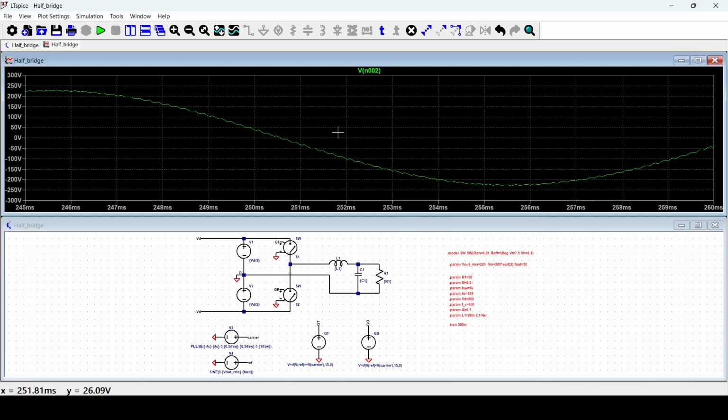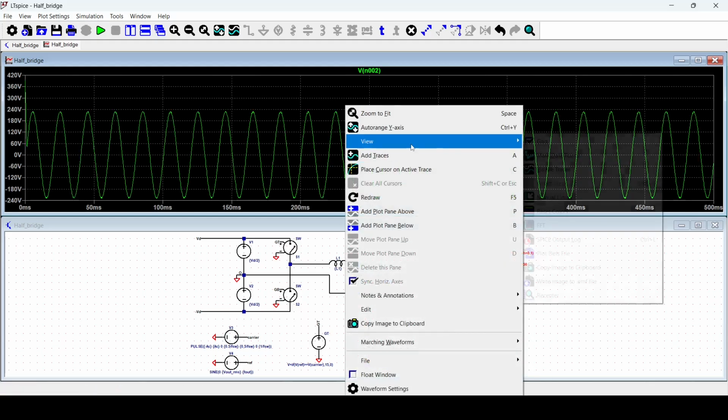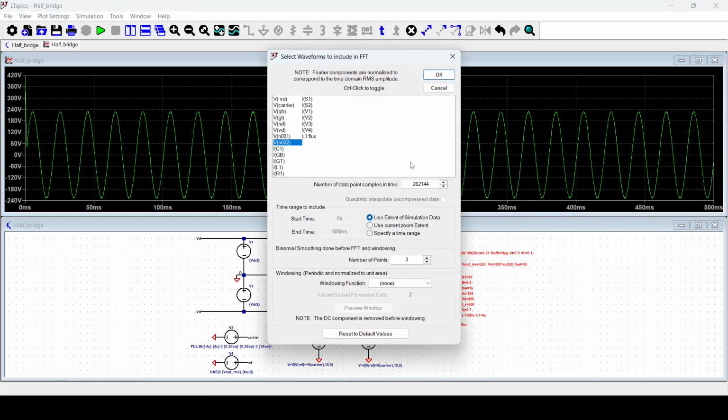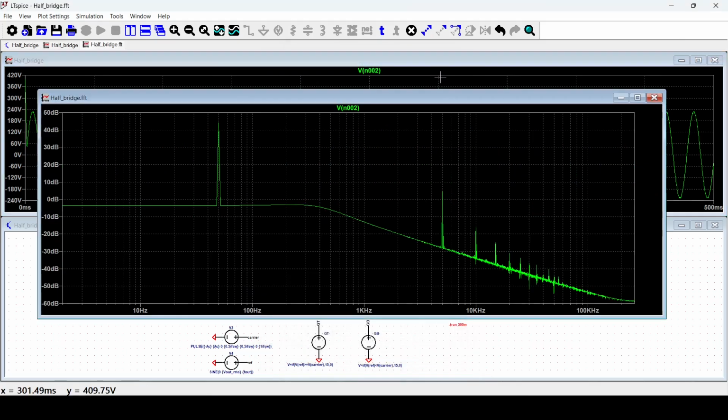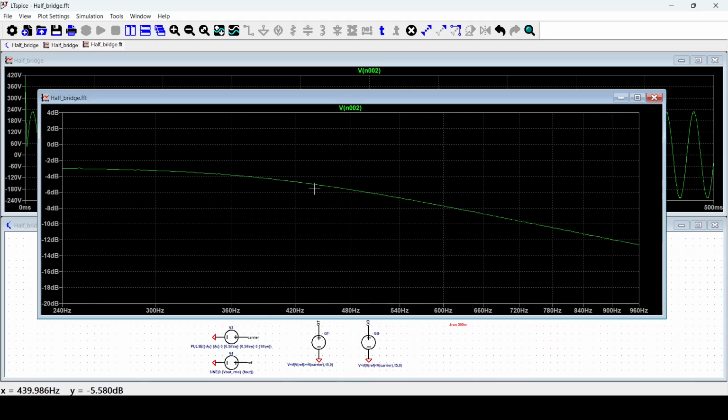So let's fit to space and plot the fast Fourier transform of this node, and now we can say that the harmonic content is almost perfect. We've got the knee of the amplitude curve at minus 3 dB basically. It should be at around 400 Hz, which is our cut frequency of the filter, which is respected here.